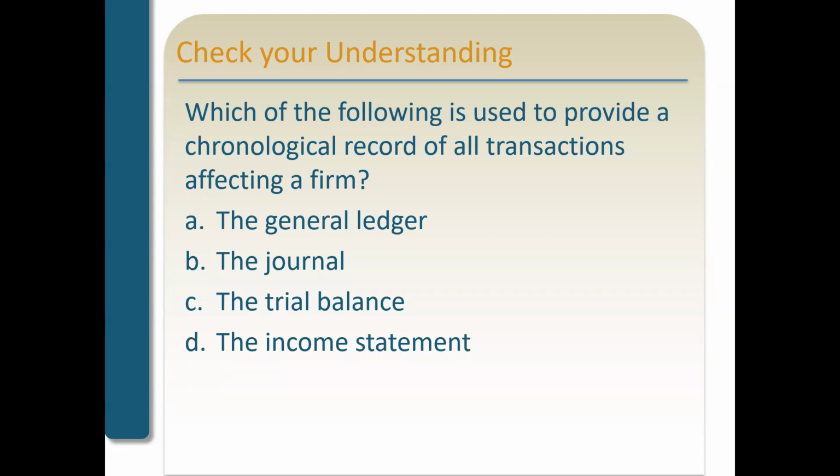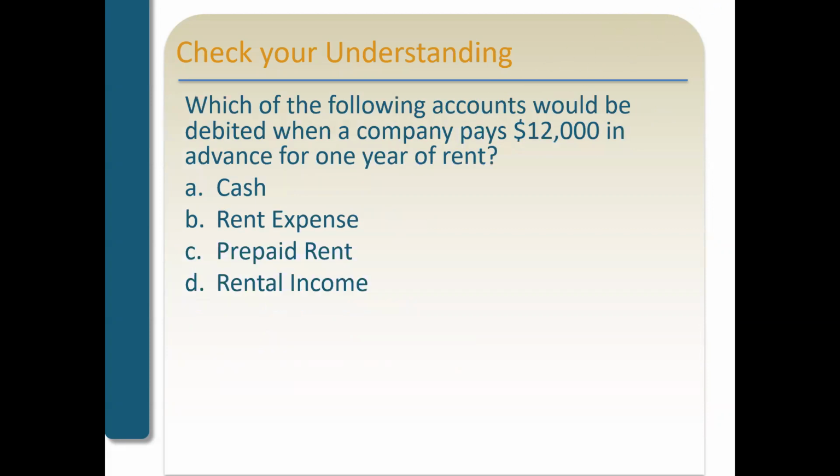Okay, the journal. Which of the following accounts would be debited when a company pays $12,000 in advance for 1 year of rent?